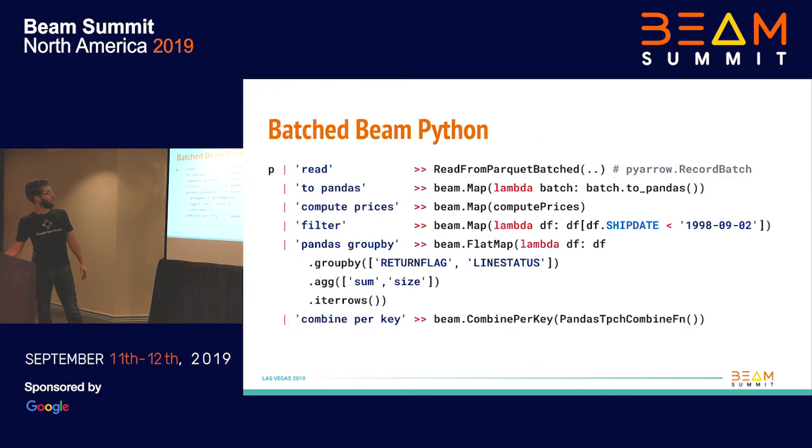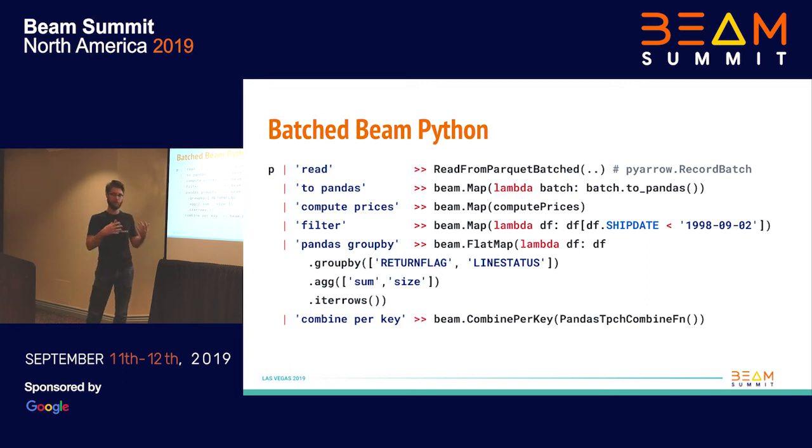The batch pipeline is a little bit more complicated. Now you'll see we do this ReadFromParquetBatched, and that produces a PCollection of Arrow record batches. That's important: now these are actual batches of multiple records together. The very first thing I do is convert this record batch to pandas.